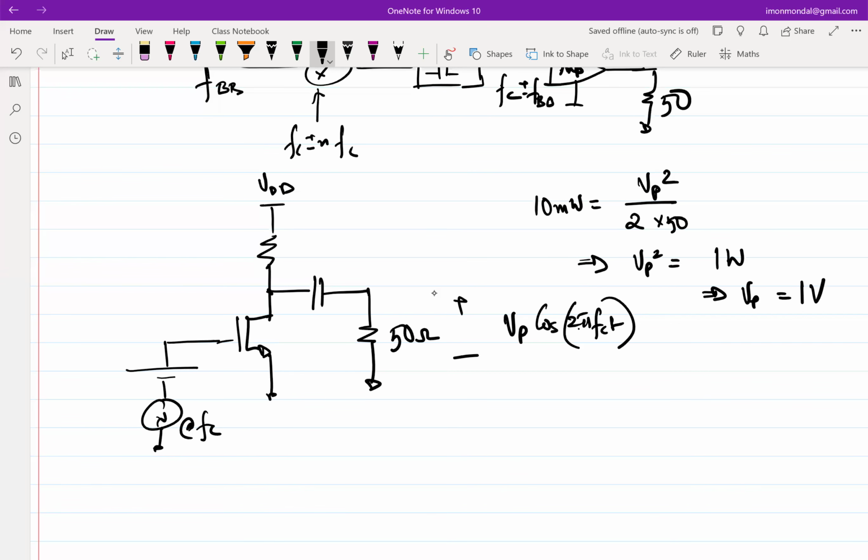So essentially, you would want a sinusoid here, whose mean is 0, obviously, because on the right-hand side of the capacitor, no DC can flow. So this is 1 volt, this is minus 1 volt. Which means you want a current through the 50 ohm resistor which has an amplitude of how much?